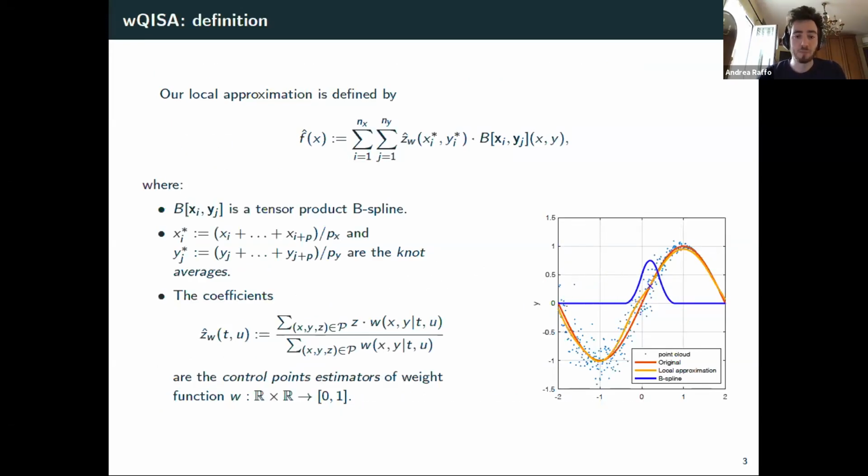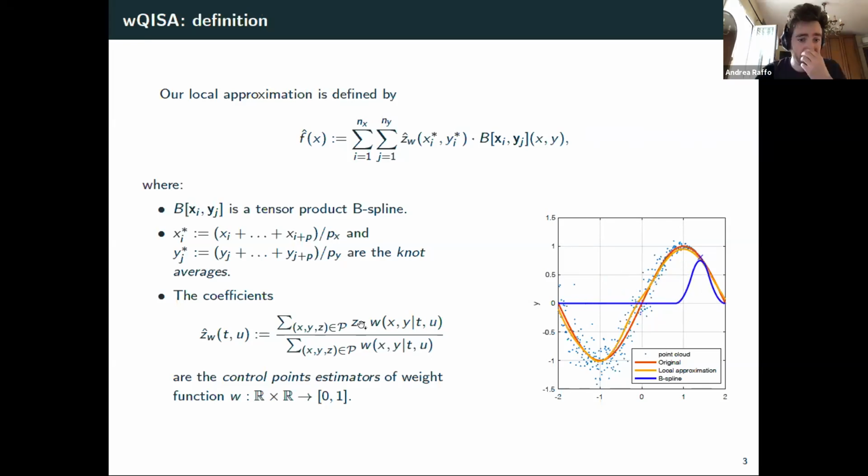So our approximation is again going to be expressed as a linear combination of B-splines. In this work, we are going to consider bivariate tensor product B-splines. And in this case, the coefficient of each B-spline is going to be expressed as a weighted average of an input point cloud.